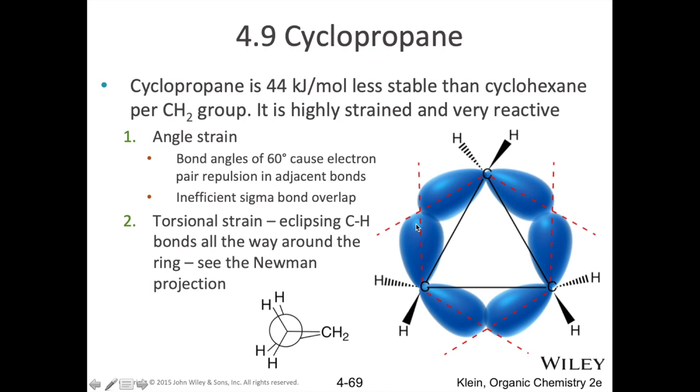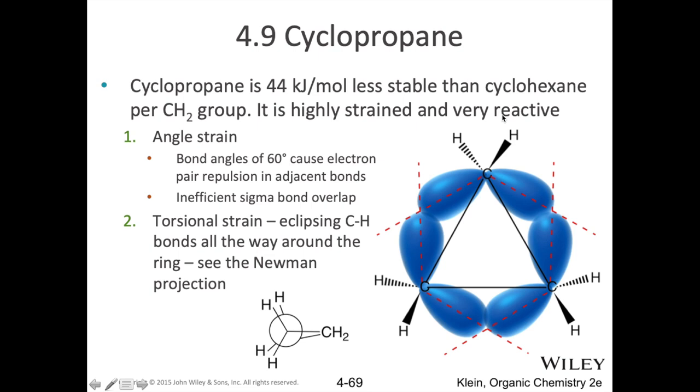This illustrates again the issue we saw with sp3 hybridized carbons. That angle wants to be 109.5, but a triangle needs that angle to be about 60. You can see there are issues trying to get the overlap between those sp3 orbitals to make sigma bonds. You need a direct overlap, and it's hard to get that with this bond angle.